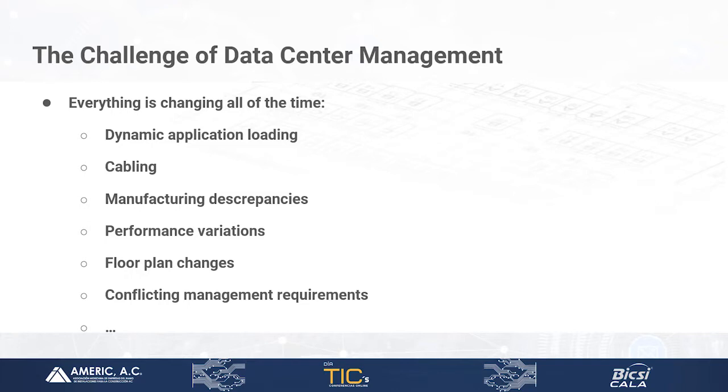Other physical changes that impact performance are things like the adding, removal, and changing of cabling, manufacturing discrepancies of the cooling and power equipment in the room that don't quite match what the spec sheets are saying in terms of performance, floor plan changes, even conflicting management requirements. All of these contribute to the challenge of managing the performance of a data center.